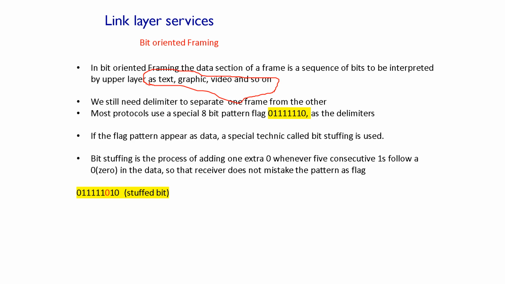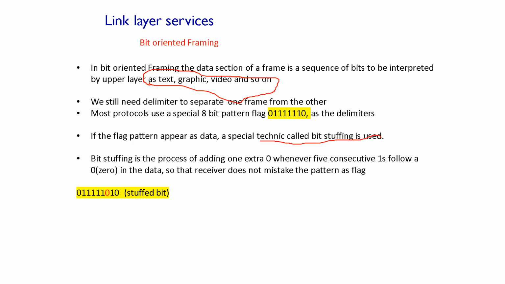So we use delimiters to separate one frame from another frame. For this, we use 8-bit pattern flags as delimiters. If the flag pattern appears as a part of the data, then a special technique called bit stuffing is used.